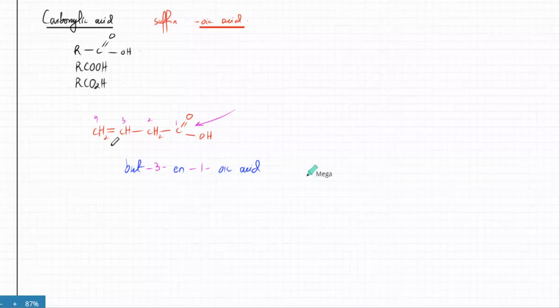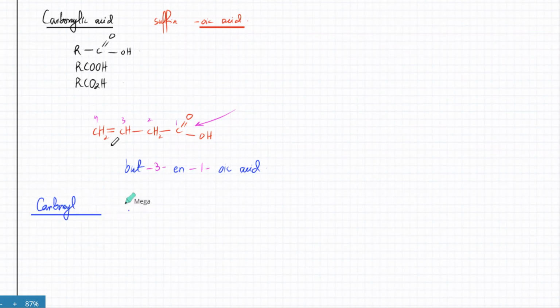The next one is carbonyl groups, which are different, which you haven't studied earlier in O levels. There are actually two carbonyl groups. Carbonyl groups are aldehydes and ketones. And what is a carbonyl group? A carbonyl group is C double bond O only.